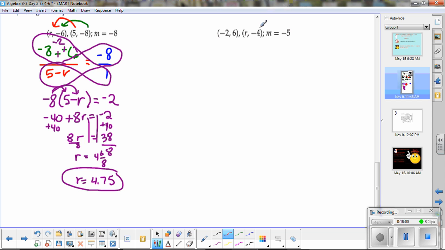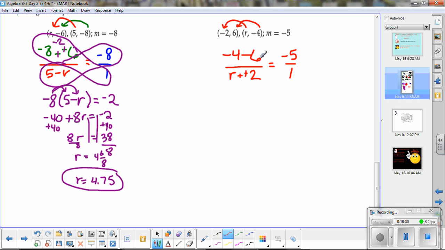In this example, it's going to be negative 4 minus 6 over r minus negative 2 equals a slope of negative 5. So we're going to write that as negative 5 over 1. Now I'd probably clean this up a little bit. r minus a negative 2 is really just r plus 2. And I would also simplify this.